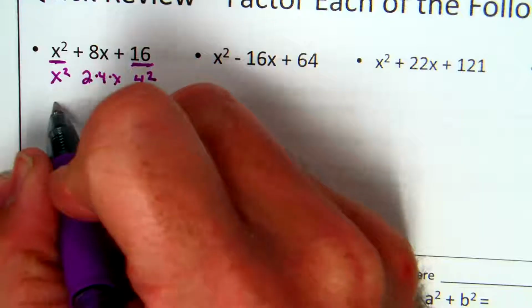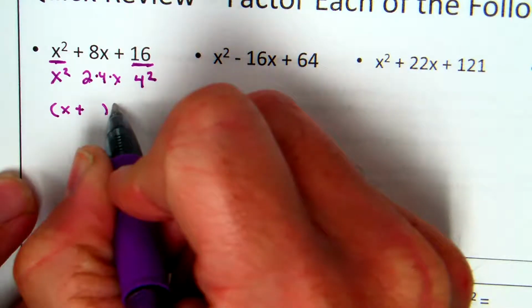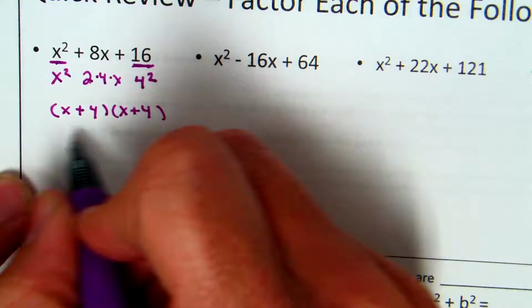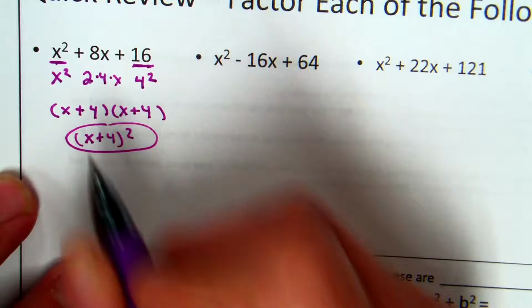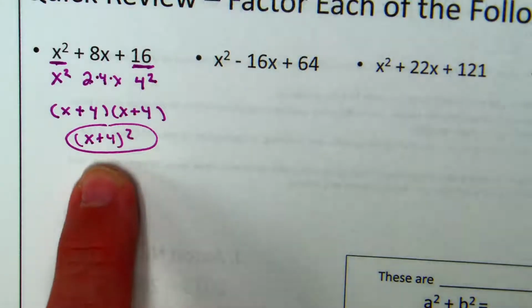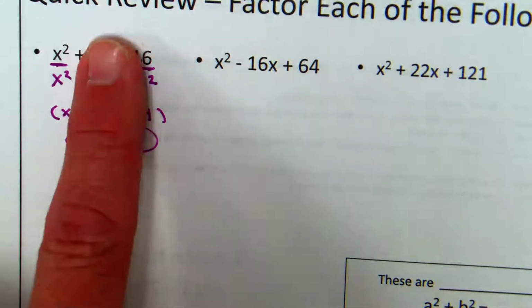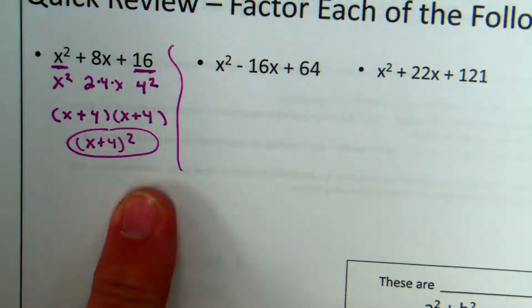When I see that, I can tell you instantly that this is going to be x plus 4 times x plus 4, or x plus 4 squared, x plus 4 times itself. I don't want to get in too great of detail on this. If you're struggling with this, you really need to go back and study trinomial squares patterns. But for our sake today, we just want to accept that this will work.